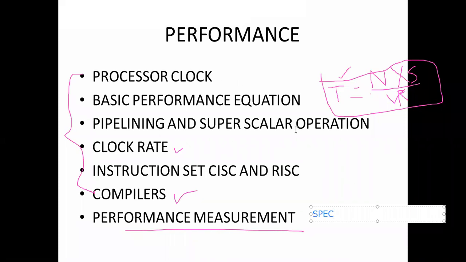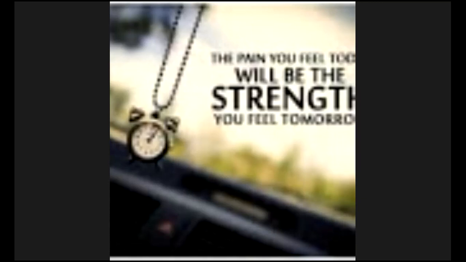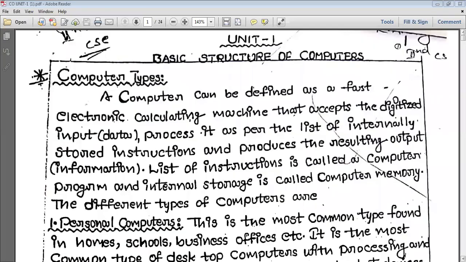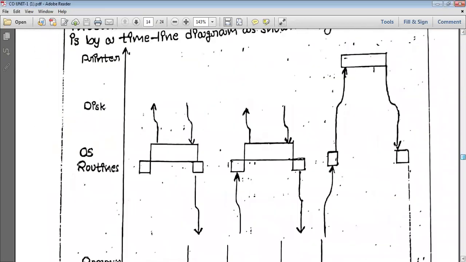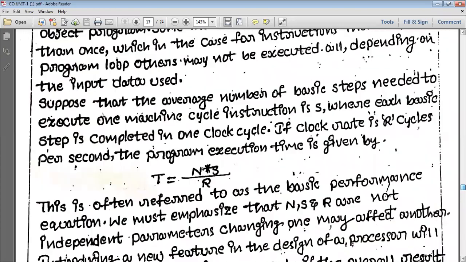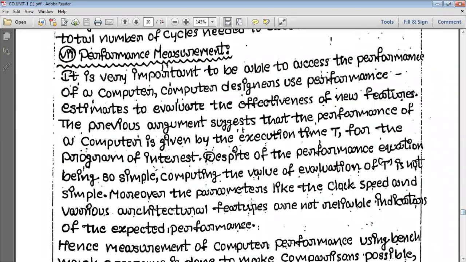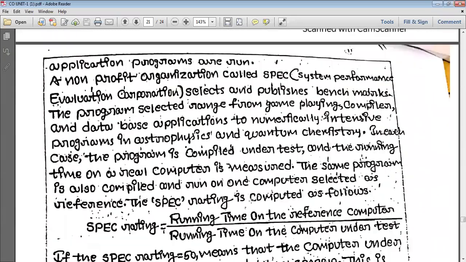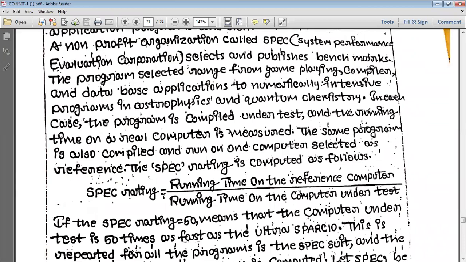The SPEC rating is equal to the running time on the reference computer divided by the running time on the computer under test.